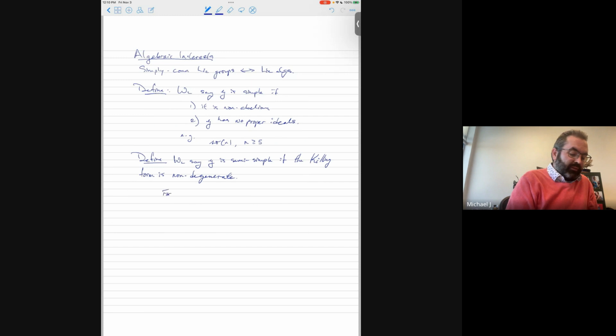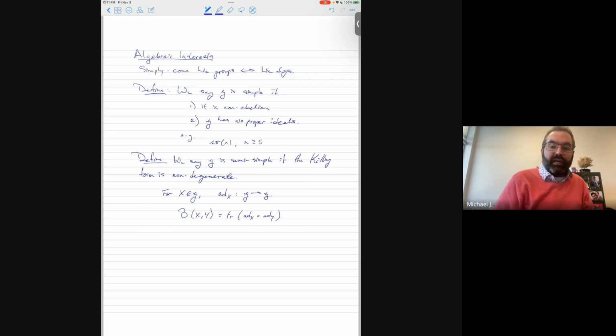So if I have some element x in the Lie algebra, then I have ad x, which is a map from G to G, and then the Killing form is the symmetric bilinear form where I take the trace of ad x composed with ad y. And if this is non-degenerate, then you say the Lie algebra is semi-simple. So there's a well-known fundamental theorem that says G is semi-simple if and only if it can be decomposed into a sum of simple ideals.